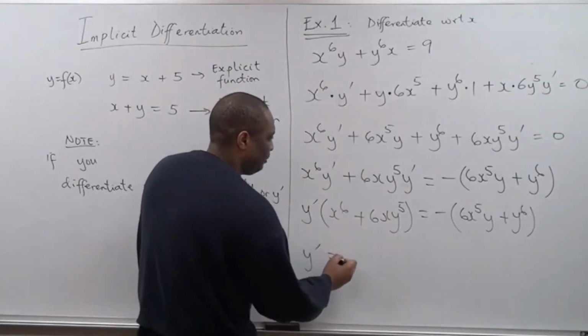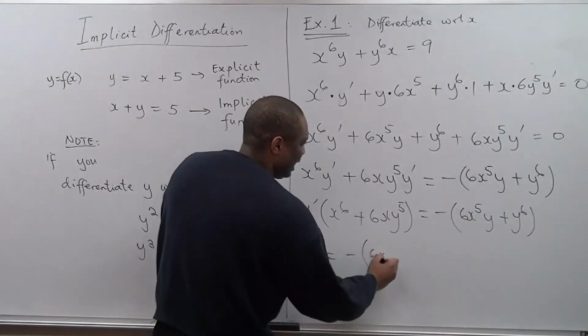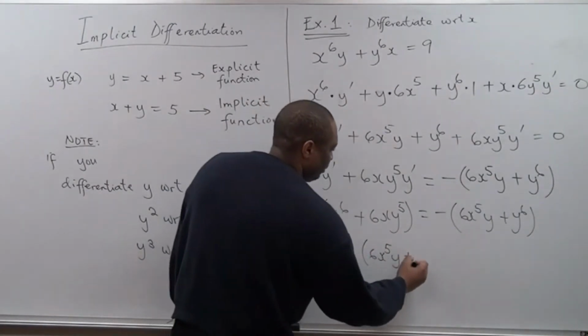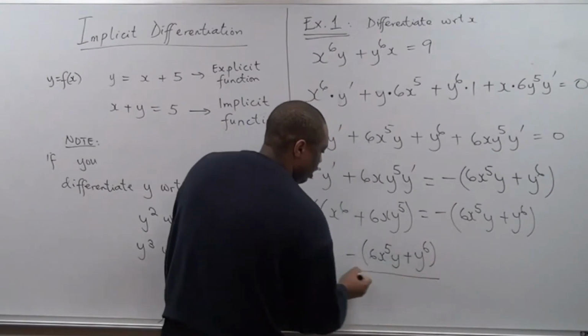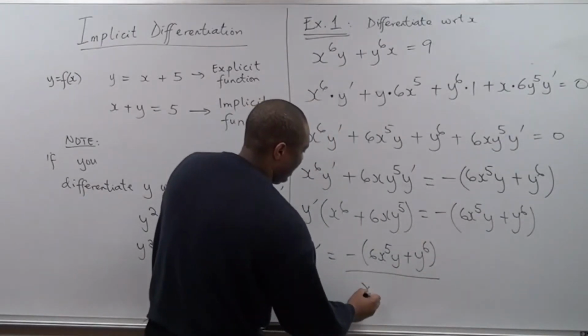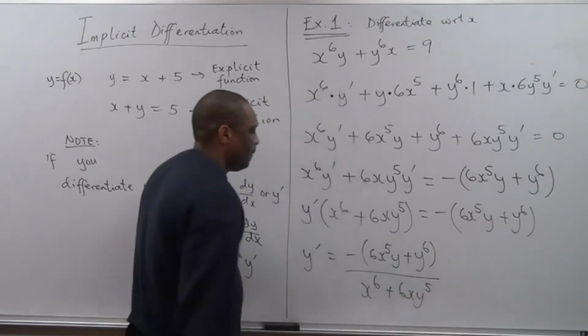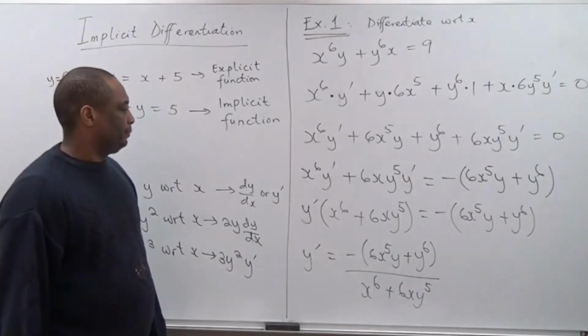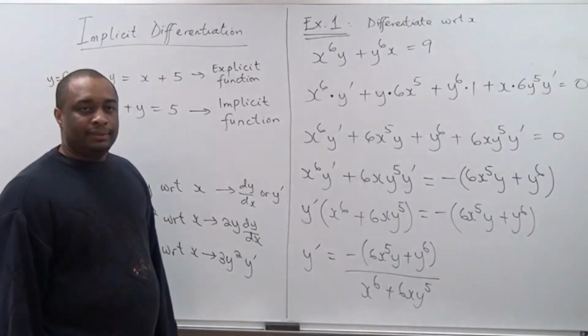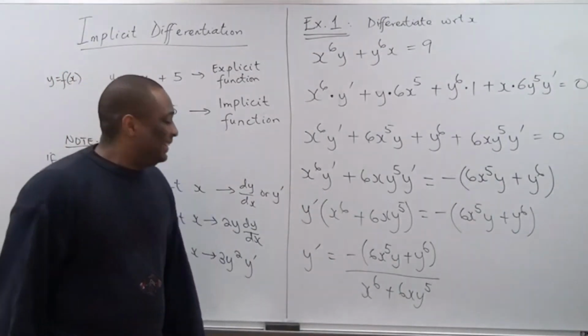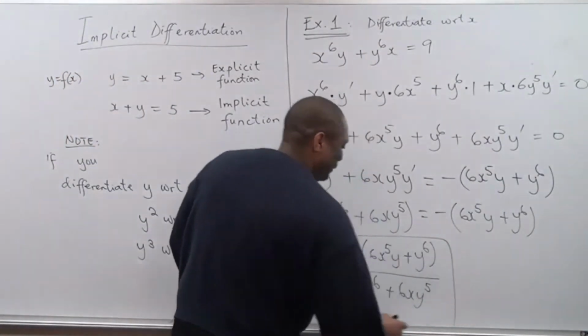So our y prime will now be negative 6x^5 y plus y^6 all over x^6 plus 6x y^5. That's your question, and that is the answer.